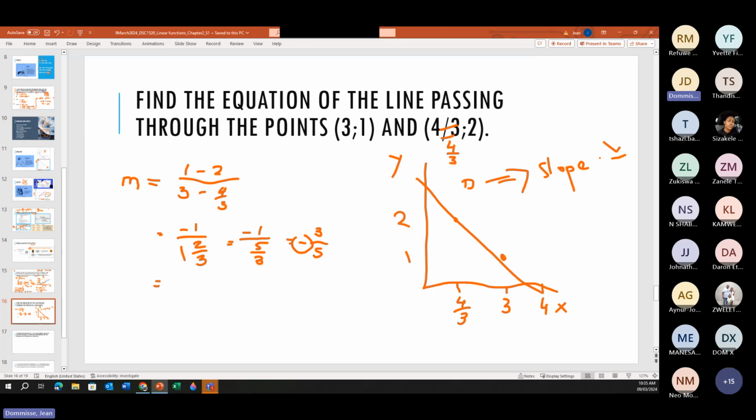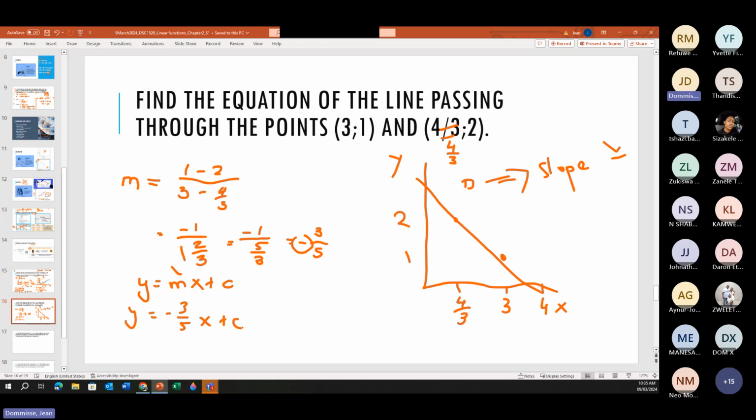Cool, that's sorted. So if we now look at the original formula of y = mx + c, again, we've sorted that out. So now we sit with y is equal to minus 3/5x plus c.